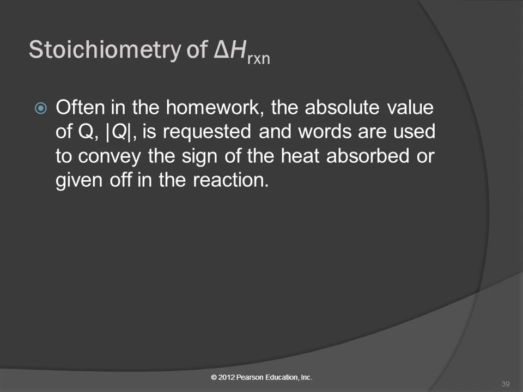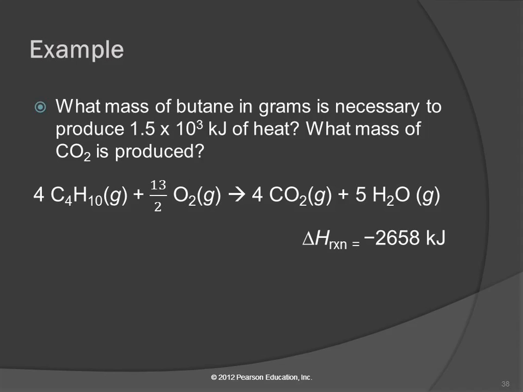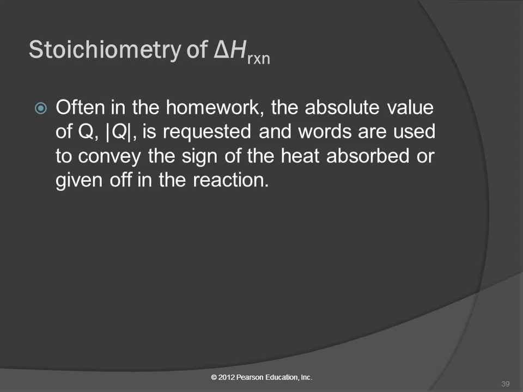Here's a word of advice about the homework. Q is heat, and they just suddenly are springing Q on you. What you need to understand from this is that in the homework, a lot of times they're asking for the absolute value.